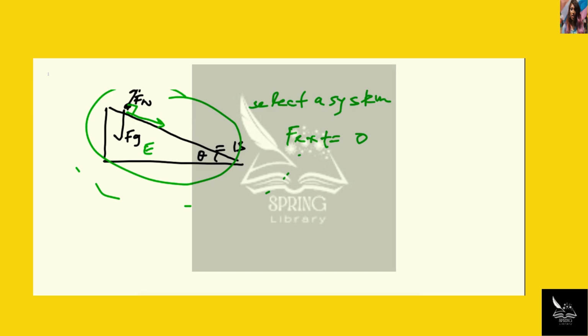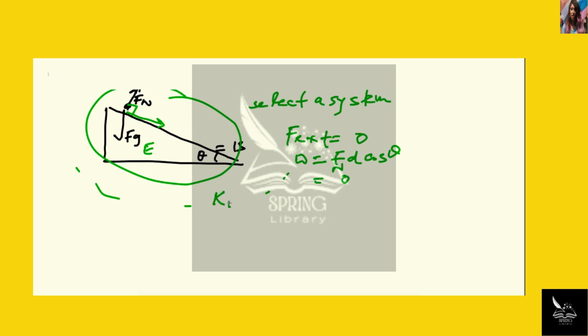As you can see, the angle between the normal force and displacement is 90 degrees, and the work done is F d cosine theta, and since cos 90 is 0, the work done by the normal force is 0. So in fact, the external work on the system is 0, and we'll not include gravity as doing work on the system, because gravity we have taken as a part of our system.